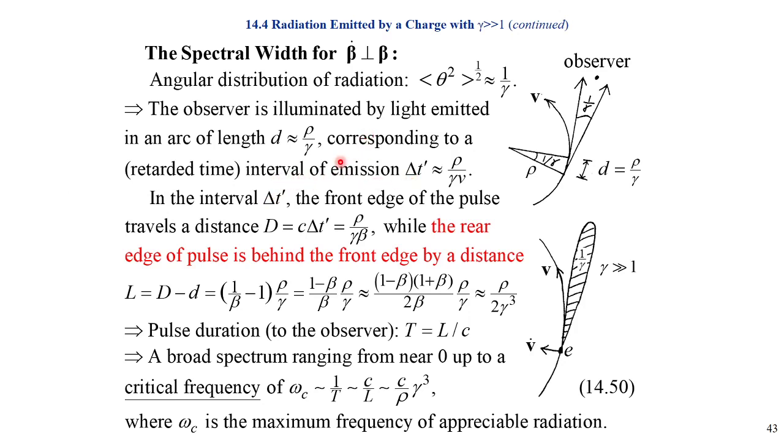The retarded time emitted is delta t prime equals rho over gamma v. In the time interval delta t prime, the front edge, that is the particle moves in this way. And here, the particle will emit the radiation and it will reach the observer.